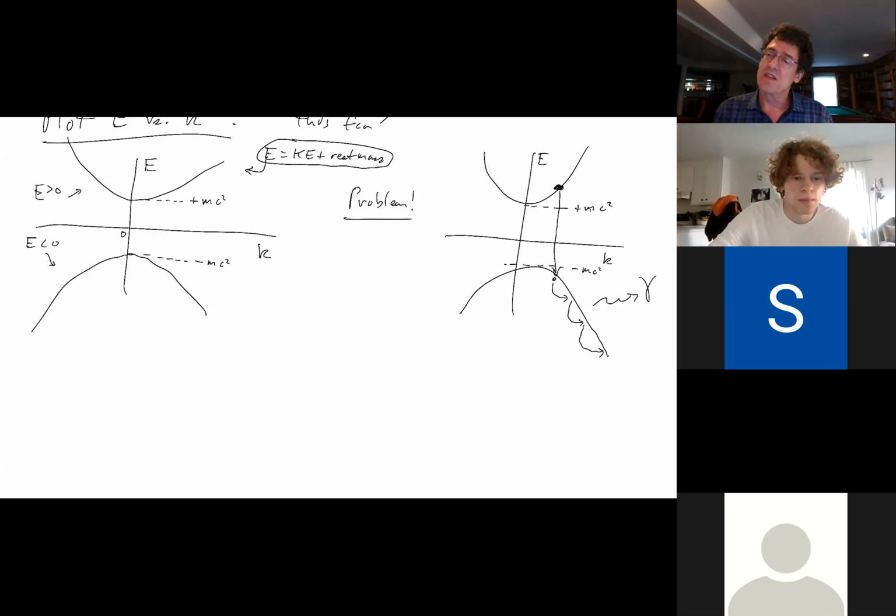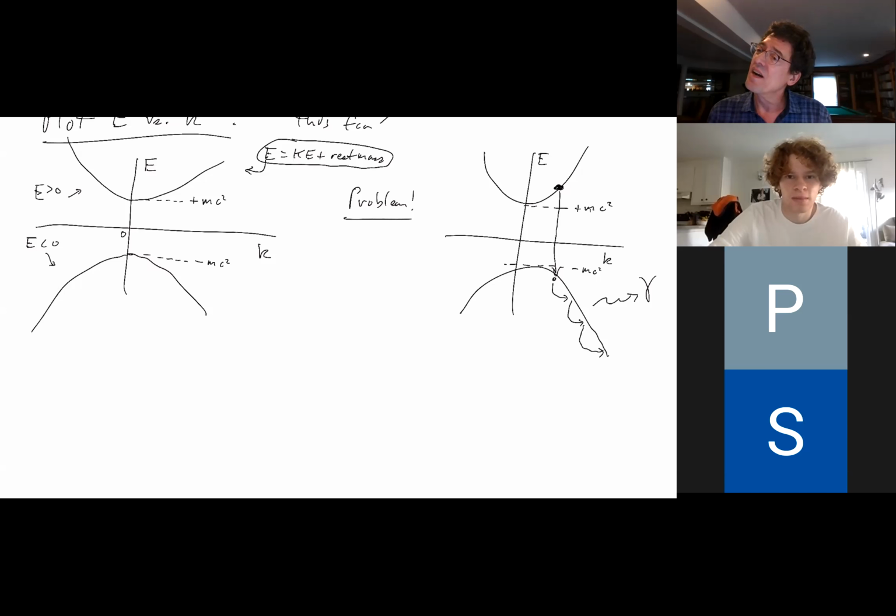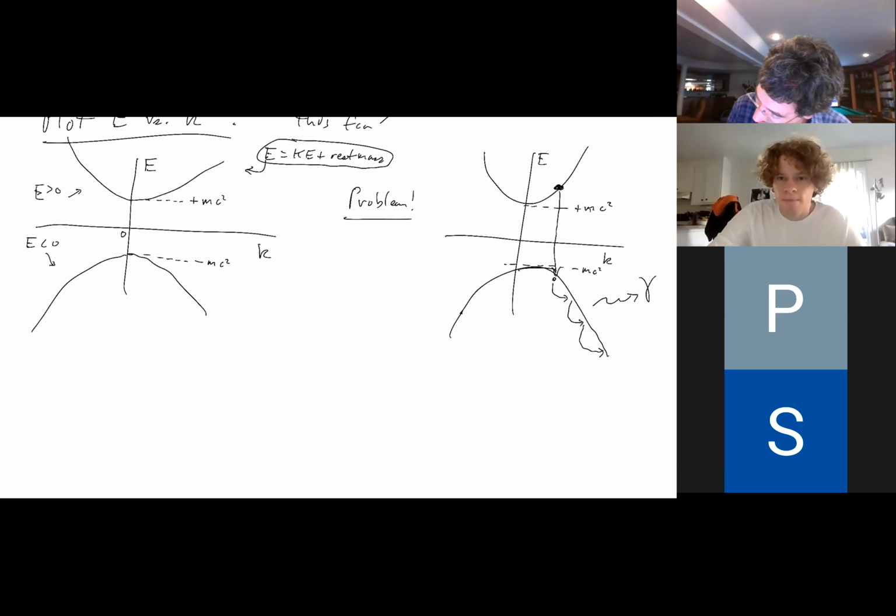So how did he solve the paradox? Somebody tell me. Antiparticles. What does that mean? Maybe all the states that are E less than 0 are already filled up, so you can't go there. Exactly. That was the solution. He filled them up.